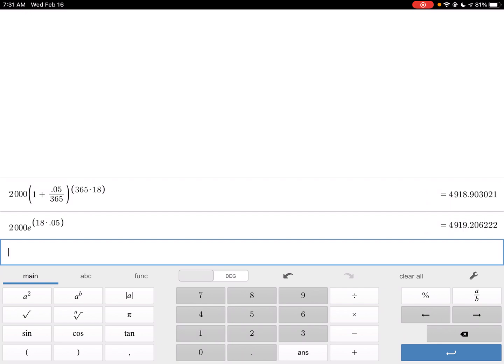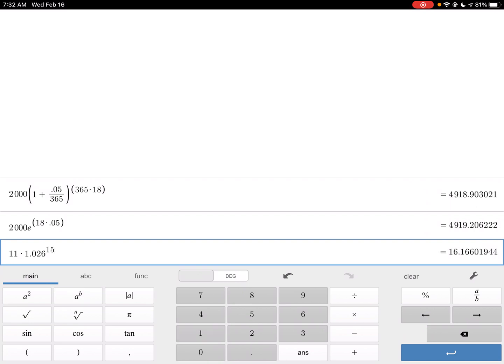So I'm going to say 11 times 1.026. I'm going to raise that to the 15th power.